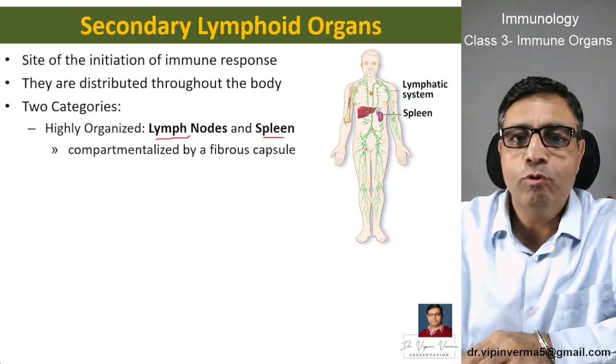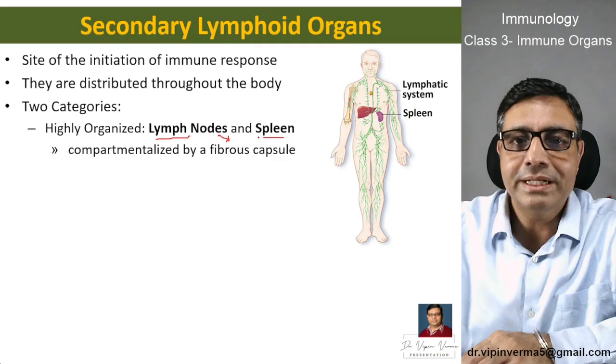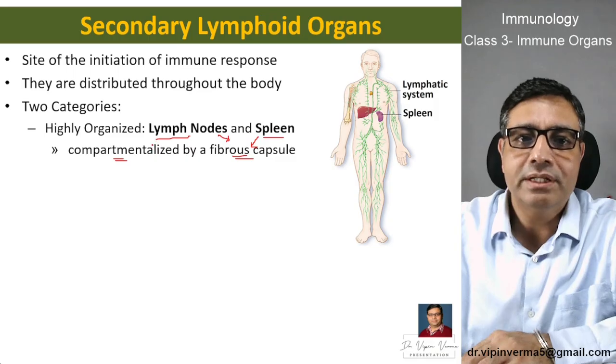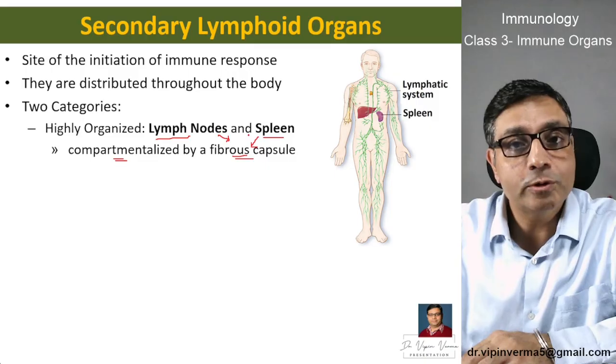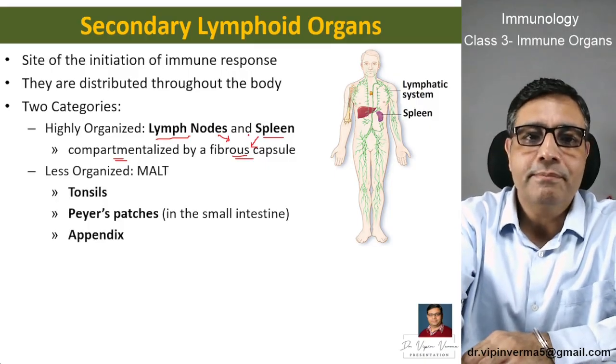Both the lymph nodes and the spleen have the fibrous capsule, and this capsule makes many compartments inside the structure.